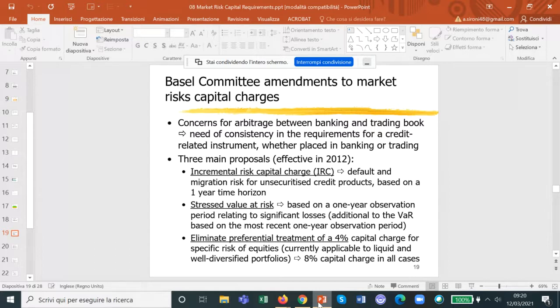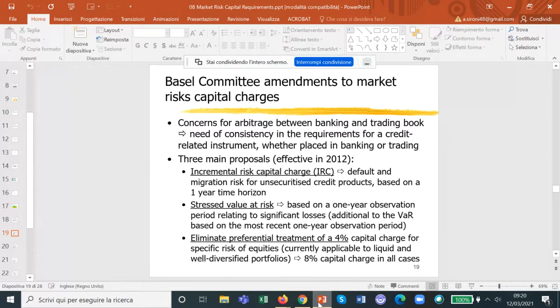Second, they introduced an additional requirement, which is called stress value at risk. Basically, stress value at risk is requiring to apply to your current portfolio of today a measure of value at risk, which is estimated looking at a past period of significant stress, okay?